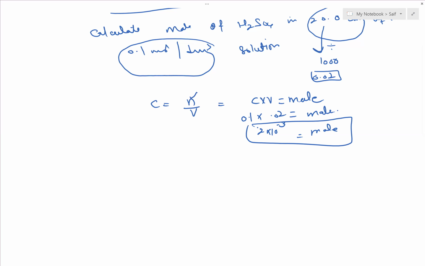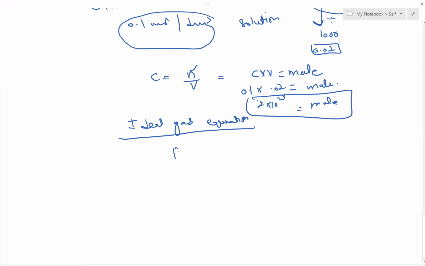The next thing which is added over here is an ideal gas equation, which is PV is equal to nRT.